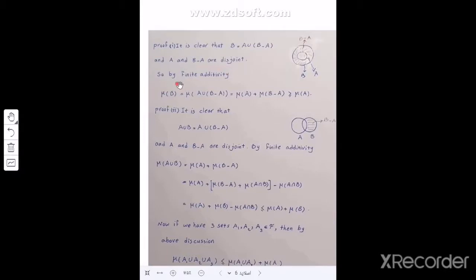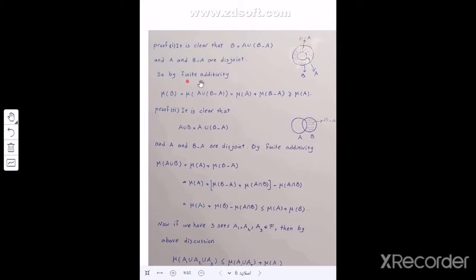So by the finite additivity property, which I told you in the previous session, mu of B is equal to mu of A plus mu of B minus A. Why? Because A and B minus A are disjoint.